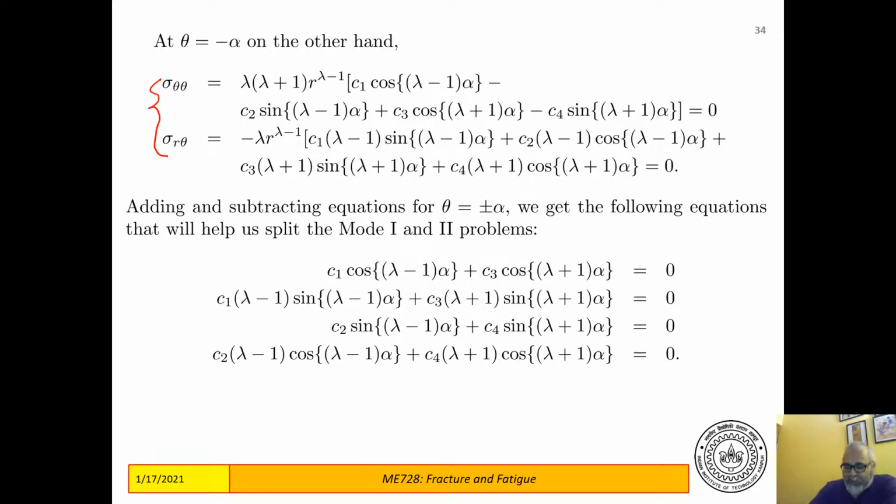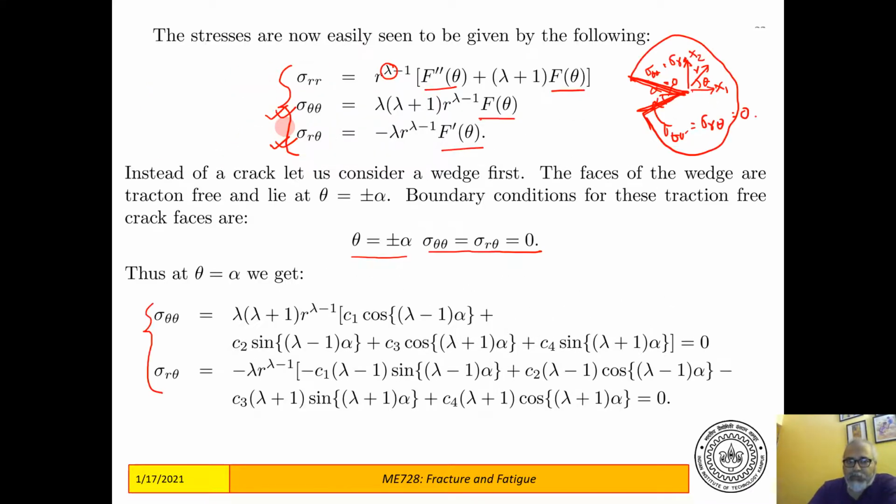So obviously these parts cannot be 0, because then lambda will be a trivial quantity. This part cannot be 0, and this part cannot be 0, the rest of it can be 0.